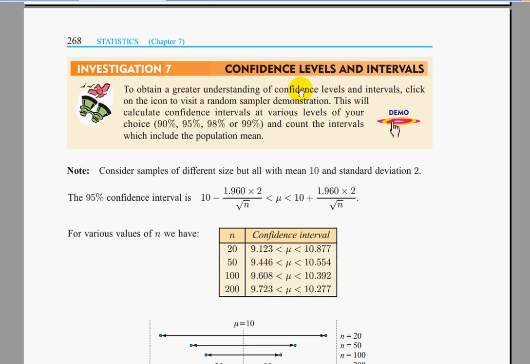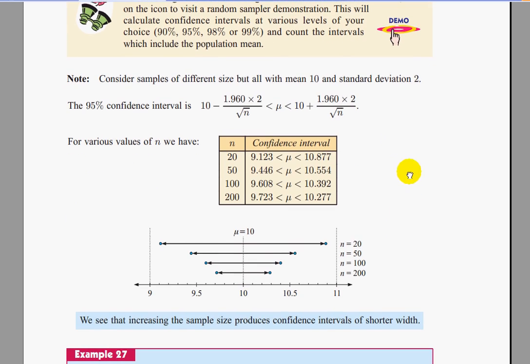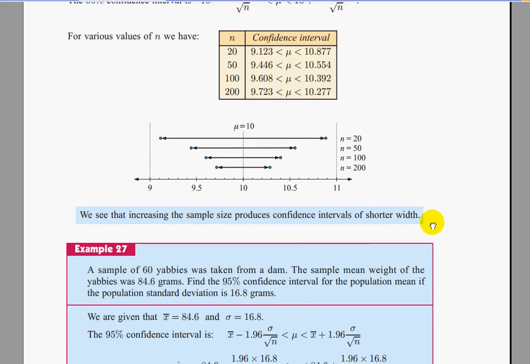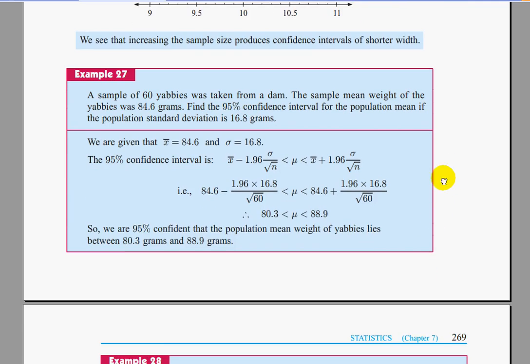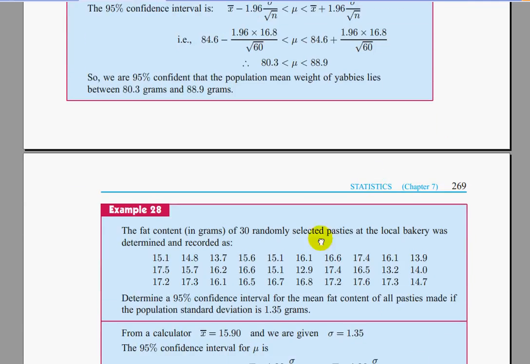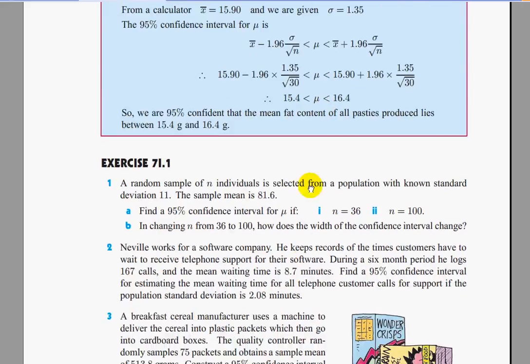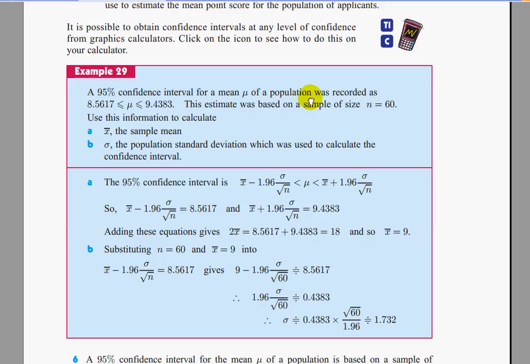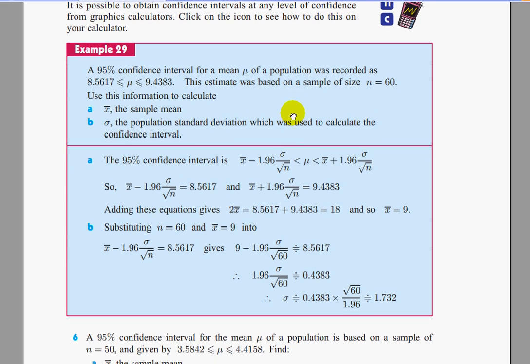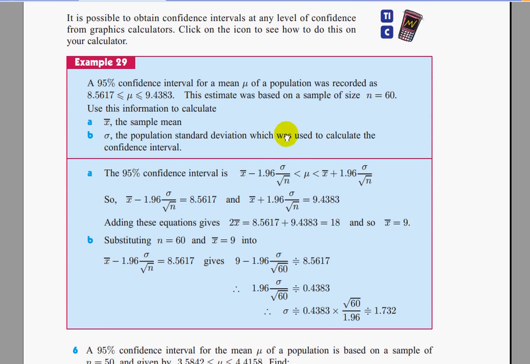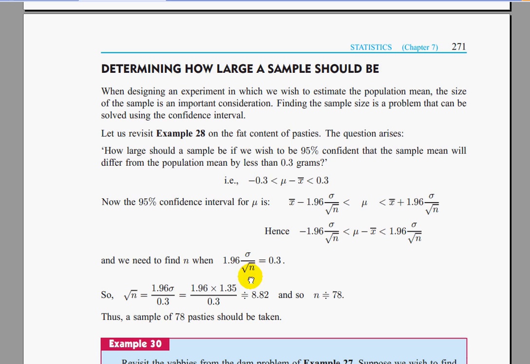And lastly, for chapter 7, the ideas of confidence interval, confidence level, and so on. These are the examples. If you want to find out more, make sure you study examples 27, 28, and also if you can, do some of the exercises. Example 29 is also very useful to know more about confidence intervals.